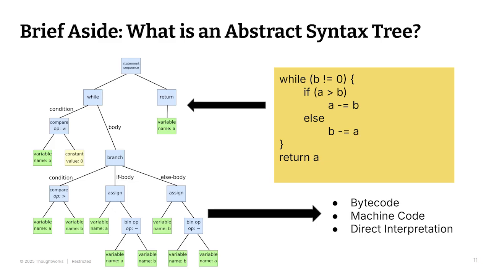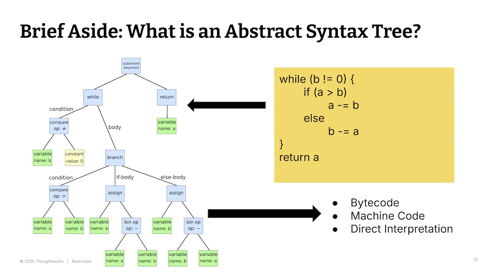So here's an example of a while loop. The abstract syntax tree breaks it out into multiple tokens which are organized hierarchically to reflect the actual structure of the code. The top level is a node which represents the while loop, and inside that it has a bunch of children.